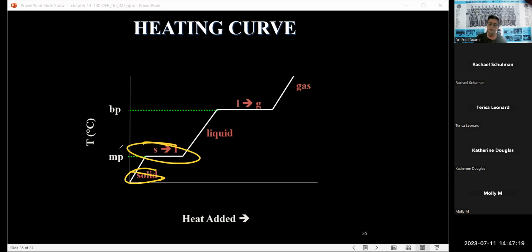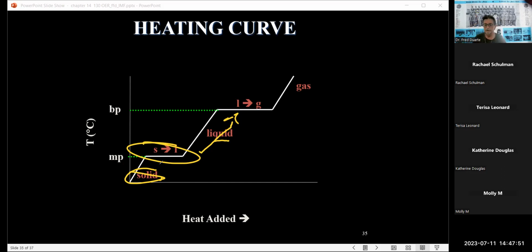On the first plateau, all that energy that it's absorbing is being used to break up the intermolecular forces of the solid, causing it to go into the next phase, which is the liquid. When all of the solid has been converted, the temperature goes up again, and it's all liquid on the rise until it hits a second plateau.